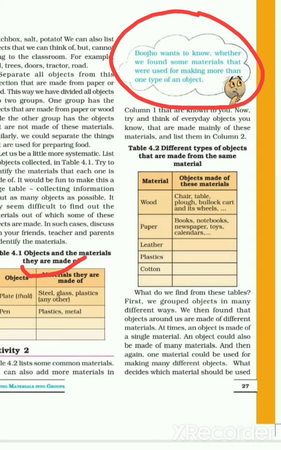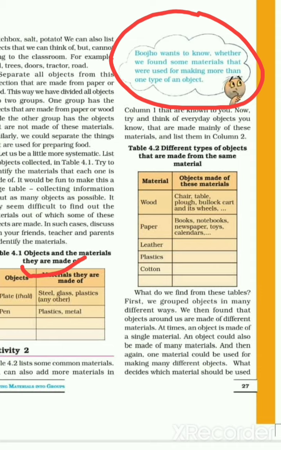Suppose I am giving one example like wood. With the help of wood we can make many things like chair, table, wheels, bullock cart. Suppose I am taking another example of glass.